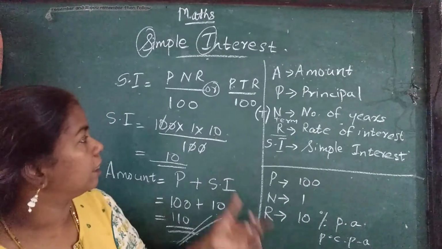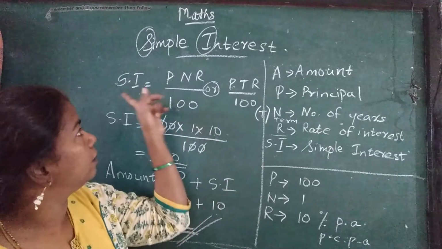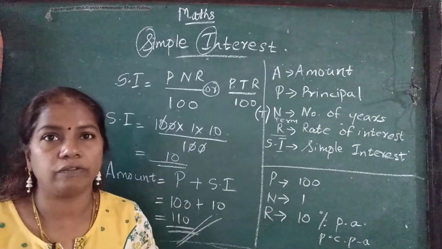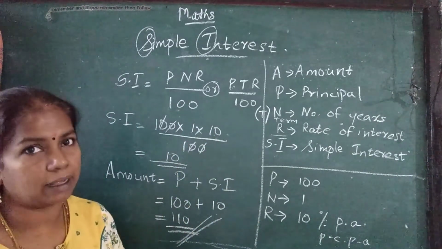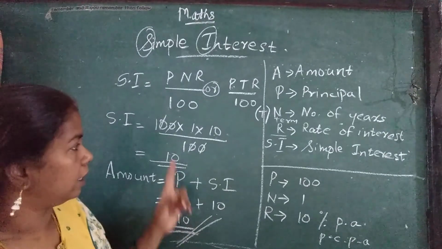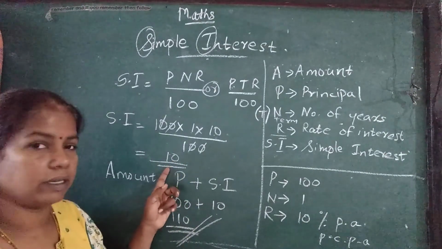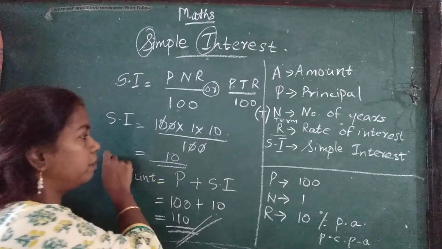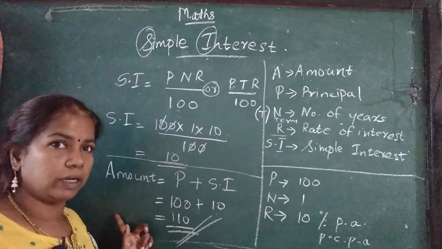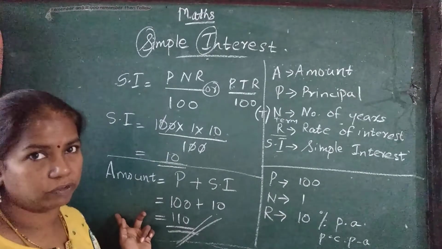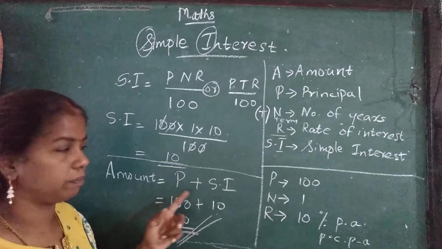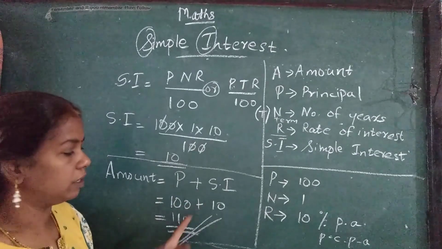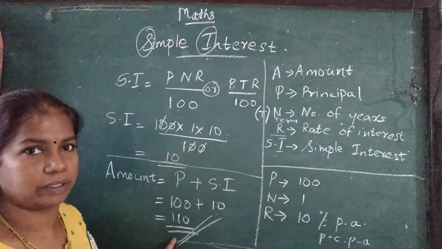Then we calculate the simple interest. The formula is PNR upon 100, and there it doesn't stop. We have to calculate the amount also, how much we have to repay. That is principal plus simple interest, which comes to 110 rupees.